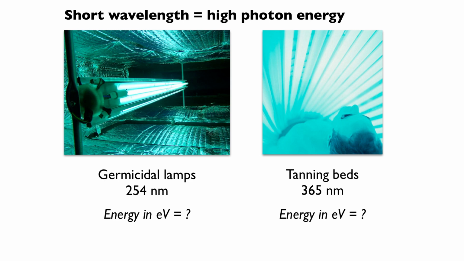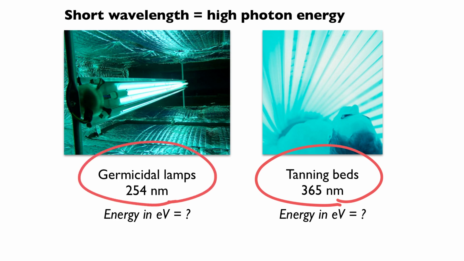We're also going to look at short wavelength electromagnetic waves. And it turns out if you look at wavelengths emitted by mercury, it emits 2 wavelengths of ultraviolet light. One of them is about 365 nanometers. One of them is about 254. And the energy in electron volts of these 2 are different enough that they have very different effects.